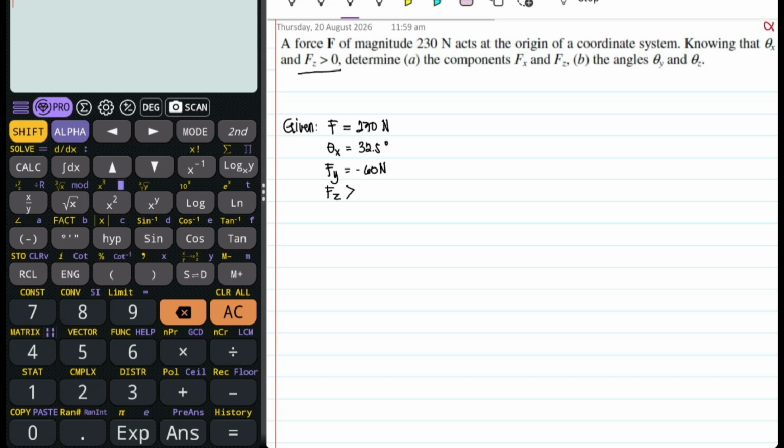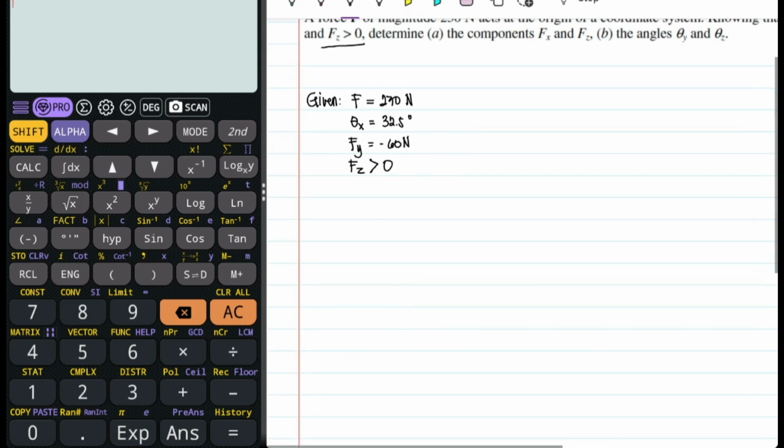Also, the criterion, or clue, is that whatever value of f sub z we solve for, it has to be greater than 0. Okay? So what are the required? They would be f sub x, f sub z, theta sub y, and theta sub z.